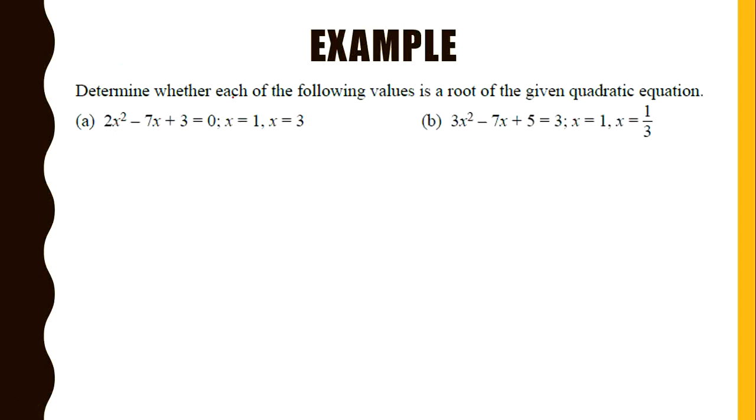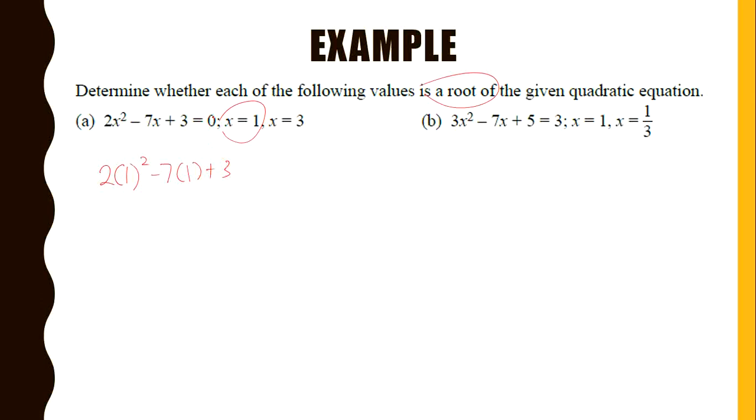Okay, next. Determine whether each of the following values is a root of the given quadratic equation. Okay, nak check betul ke tak dia ni adalah root. Untuk yang first check, x equals to 1. Kita nak check betul ke tak dia root, kita substitute masuk je. Okay, so ni x equals to 1. Kita masukkan dekat x ni, substitute. Okay, so 2, 1 square minus 7, 1 plus 3.